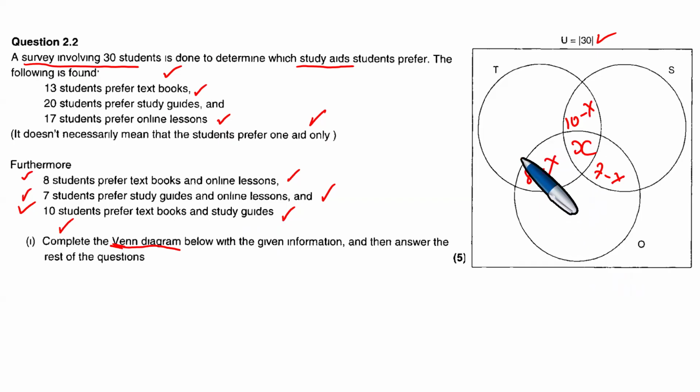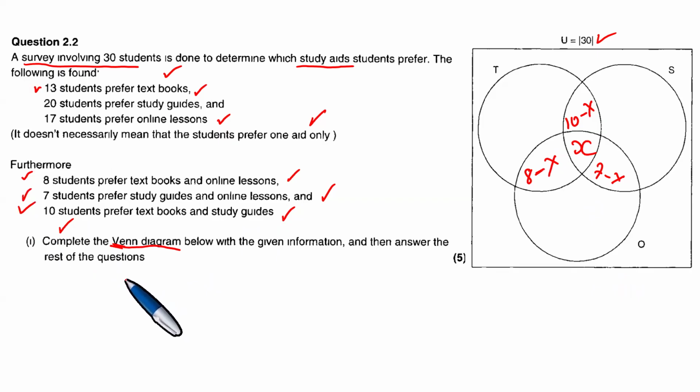And now in the end, we come to the textbook students. How many are they? You note that there are 13 students who prefer textbooks.